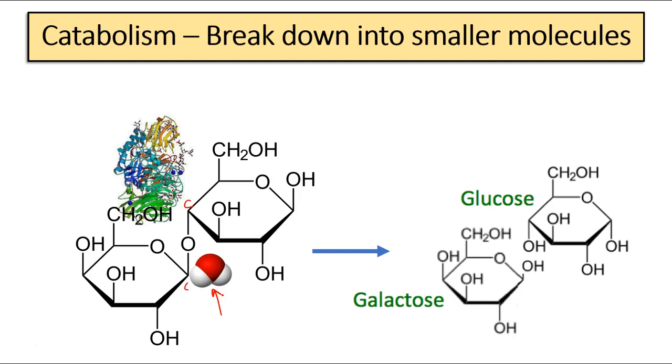This enzyme is going to grab a water molecule, it's going to split the water molecule up into an OH and an H. Okay? It's going to give the H to one of the O's, it's going to give the OH to the carbon, and now you're going to see the carbon that received the OH has the OH, and the oxygen that was bound to the carbon now has its individual hydrogen, and because they are bound to each other now, they let go of each other and formed two smaller monosaccharides, in this case, glucose and galactose.